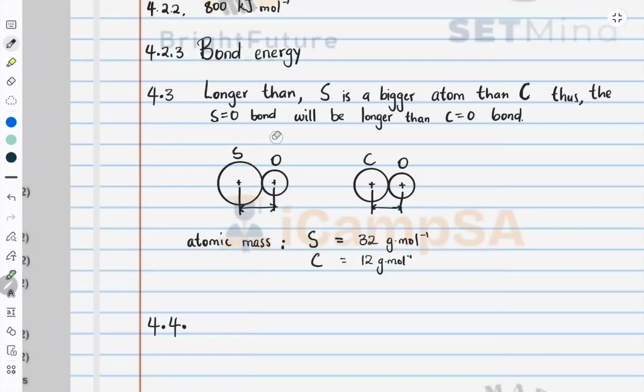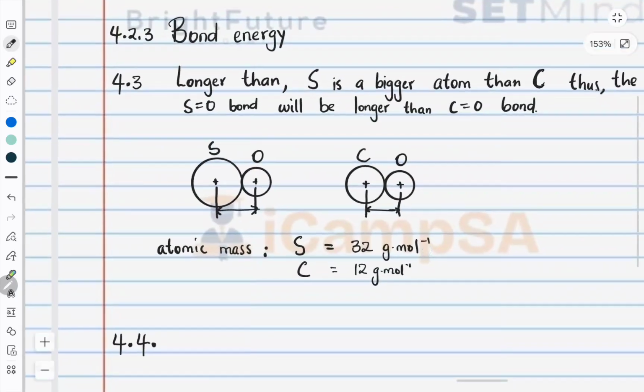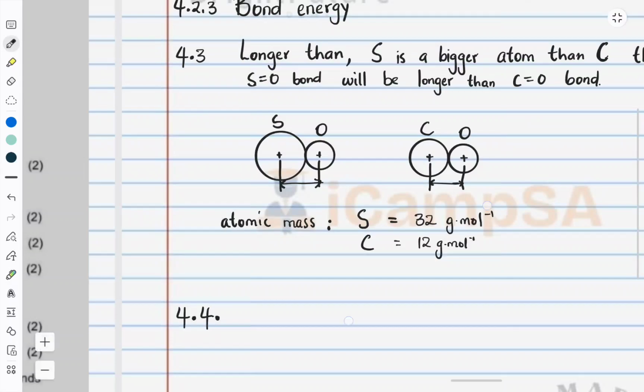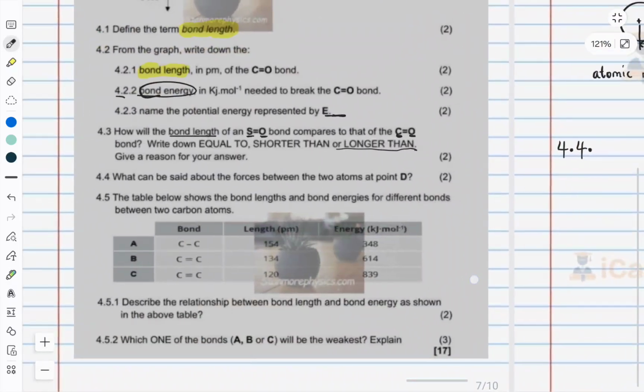So we can't use that. And same reason we couldn't use bond order, because they both have a double bond. So the only thing that's left to compare is how large these molecules are. All right, so now we can move to 4.4.